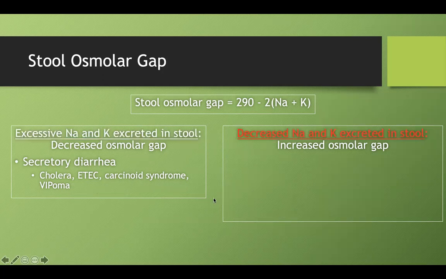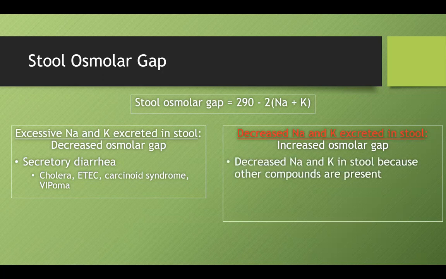On the other hand, what would cause decreased sodium and potassium in your stool? You have decreased sodium and potassium in your stool because you have a lot of other compounds present. If you have a lot of other compounds present, that's going to comprise most of this 290 concentration. Instead of it being sodium and potassium, other compounds are in the stool that are helping to increase this number. So what compounds would cause that?